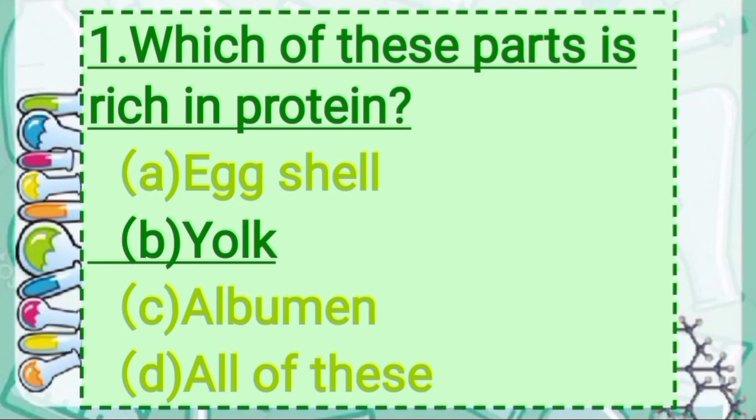Answer is yolk. Yolk is a part of egg which is rich in protein.